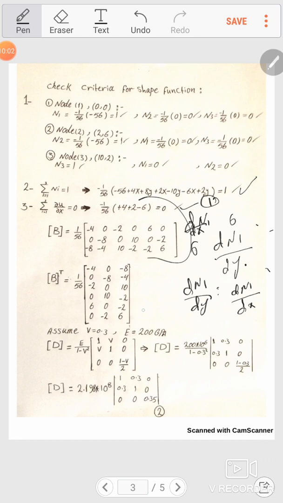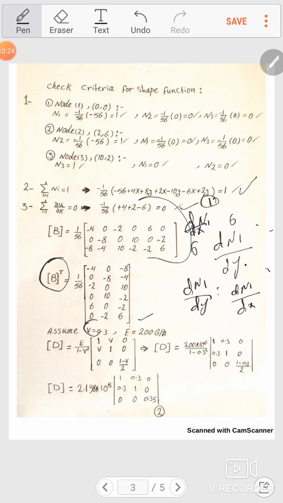because in the K matrix I want the B matrix in transpose form. Assume, if the elasticity and the Poisson ratio are not given, you can assume them, or they are given, that's okay. After that, find the D matrix.